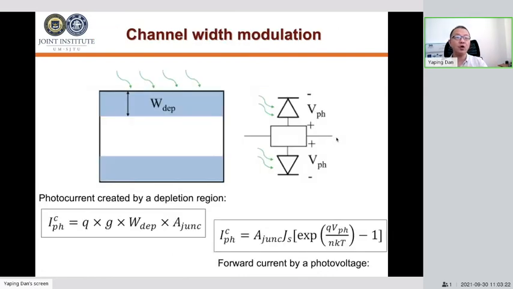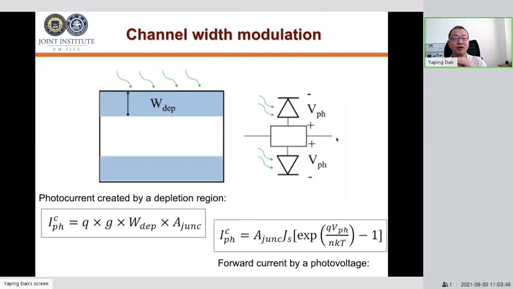So due to that reason, we can model this nanowire high-gain photoconductor as something like a phototransistor. It has a resistor with a channel width, and the channel width is modulated by the light illumination.